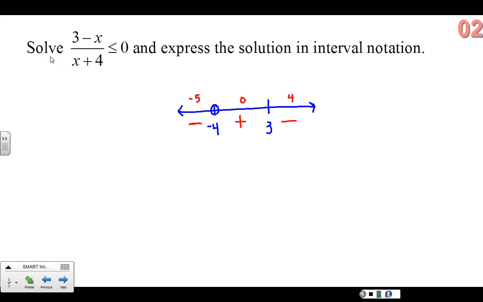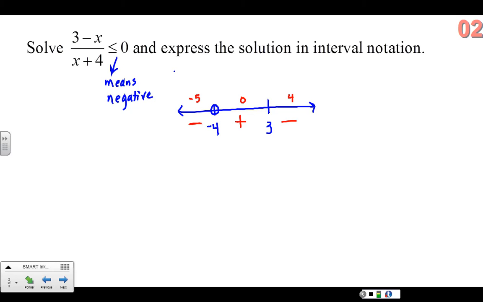So we can almost answer the question straight out now. We want to know where this rational expression is less than or equal to 0. So remember from previous lessons, if you have less than 0, that means where it's negative.